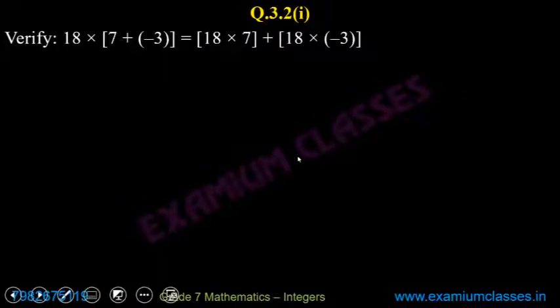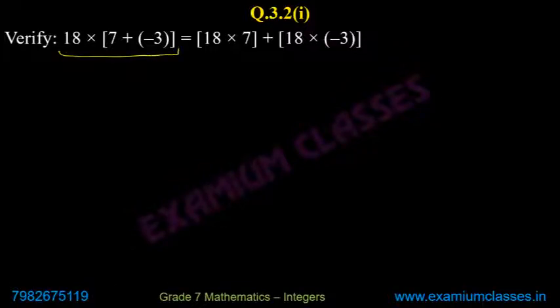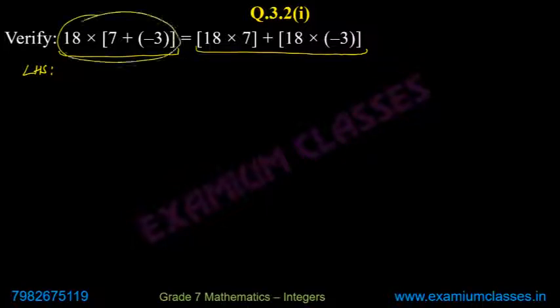Next one. Now this one. Verify this equation is correct. Now, in all such questions, you will verify first the left-hand side and then the right-hand side. So you will write left-hand side, which is left of the equal sign: 18 into 17 plus minus 3, that is 18 into whatever is in the bracket.